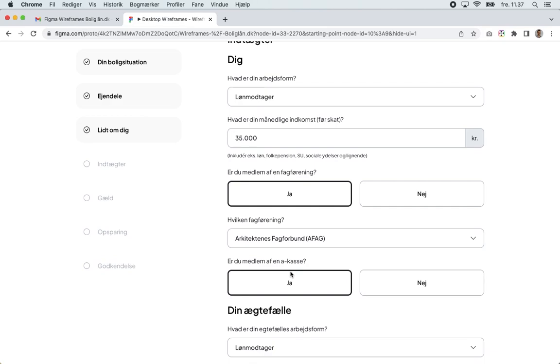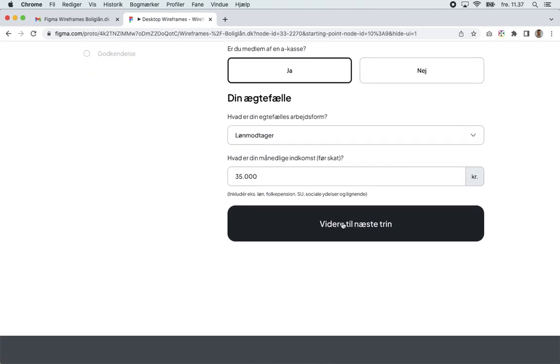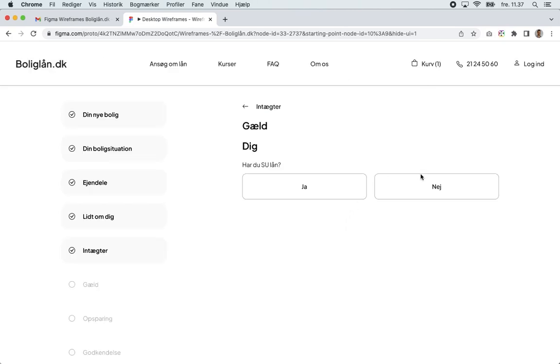Yes, and my husband. Well, my bank loan in my andel is a bank loan, but you can have others. Okay.